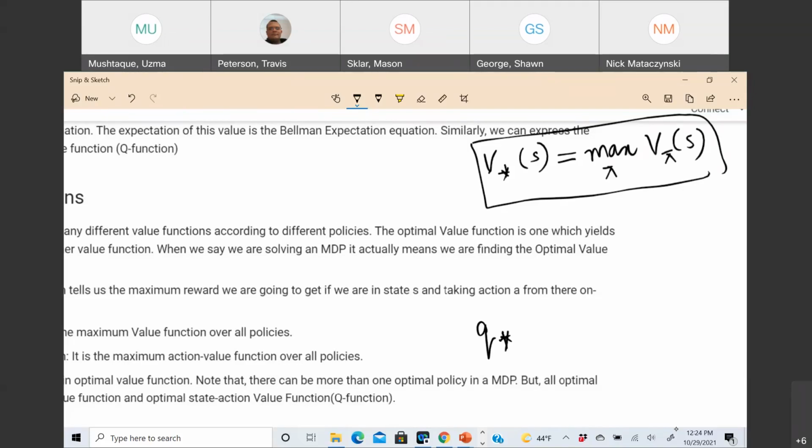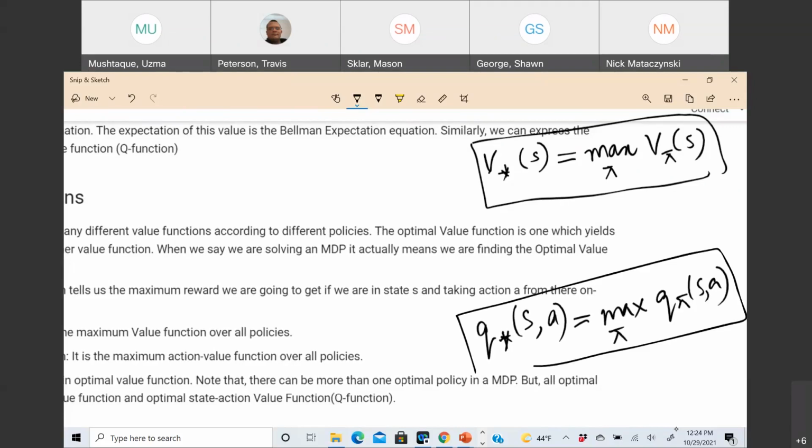So that's one easy way to remember that. So that is max over some policy pi of Q pi of S comma A, right? So very straightforward. Yes, of course, I'm interested in finding the optimal value, but what optimal value? Well, optimal state value function and optimal state action value function, right?